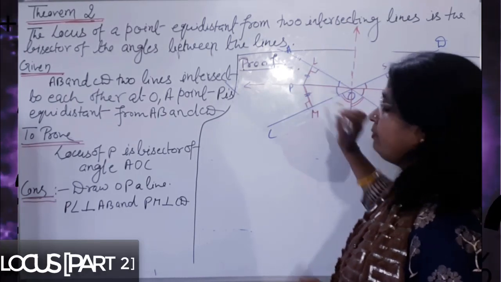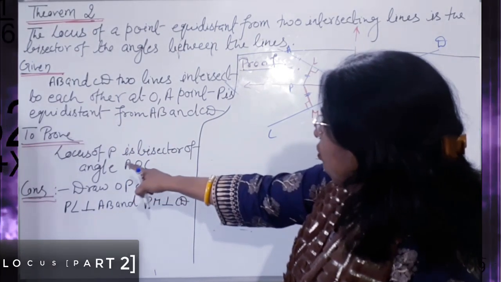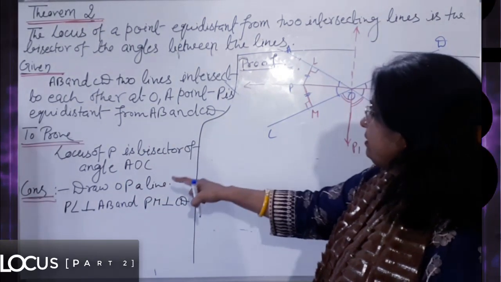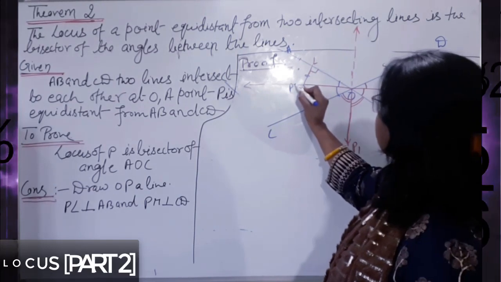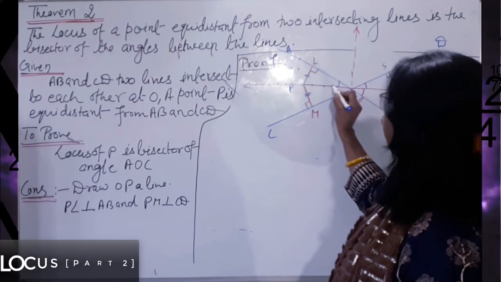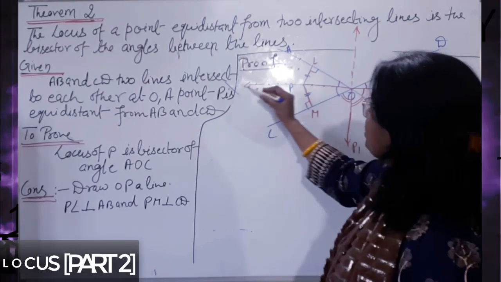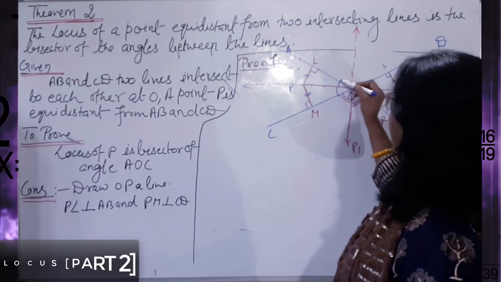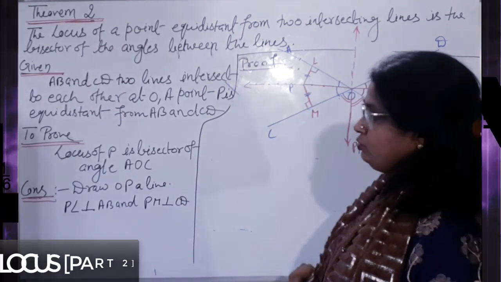That's why it is given. Now, to prove: the locus of P is the bisector of angle AOC. Locus means each and every point of this type is on the bisector of this angle. That is to be proved.